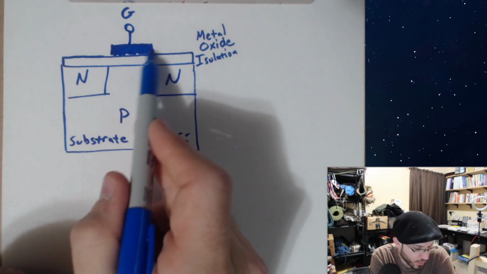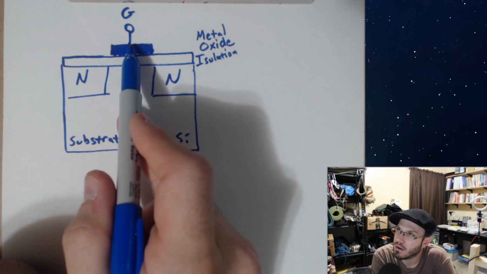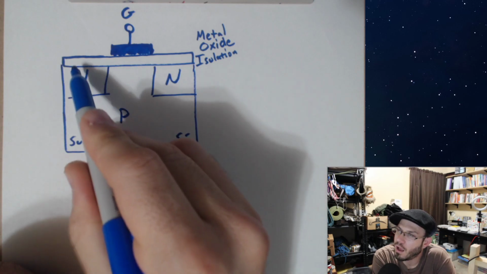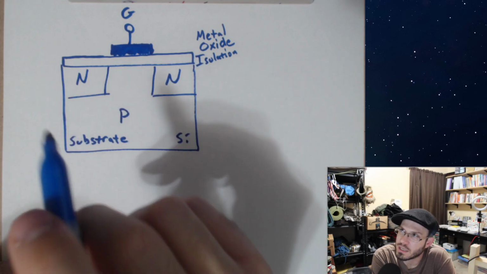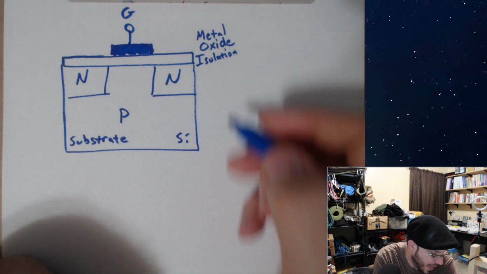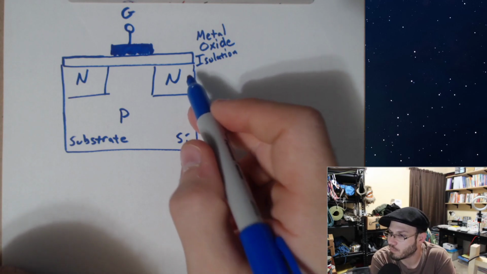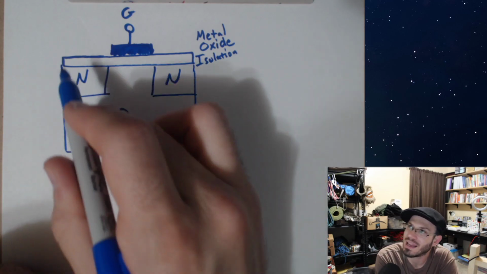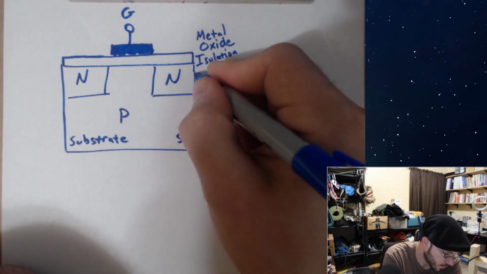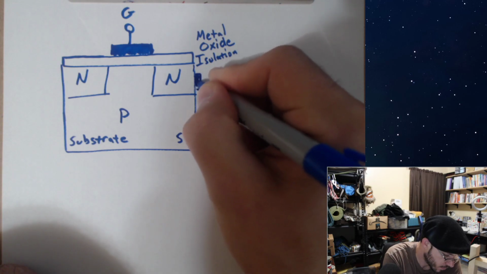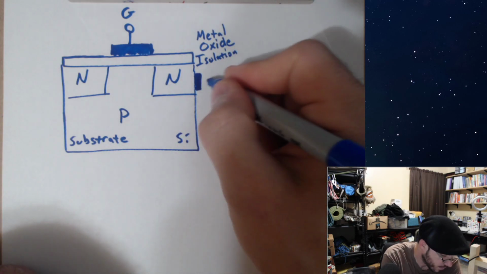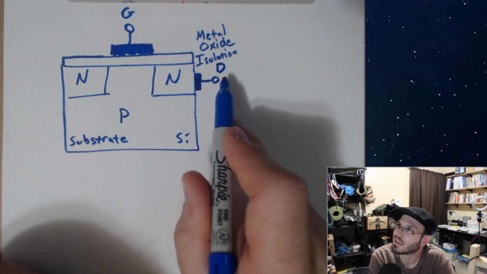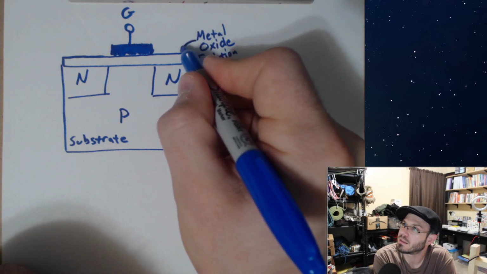So what you have over here is a conductive material right in the middle of these 2 N-type regions. Now, if we add some connectors, some conductors over here, so you can tap into this N-type material and this N-type material, you get your drain.